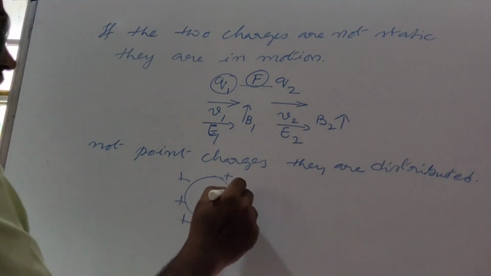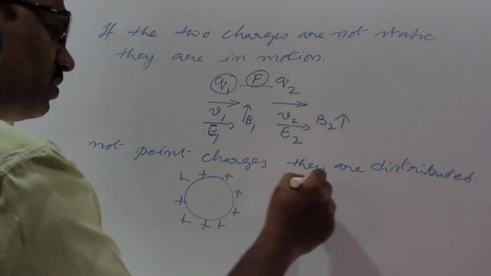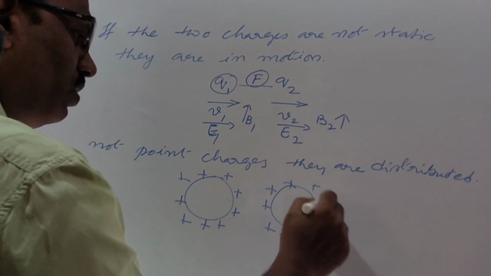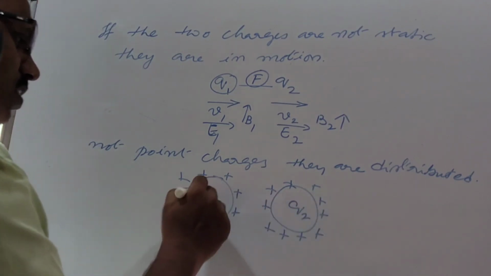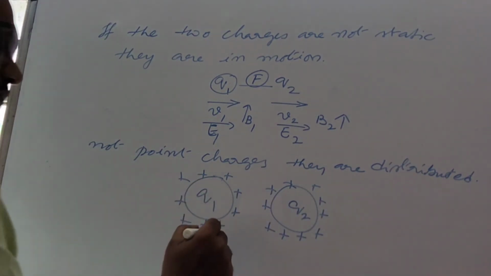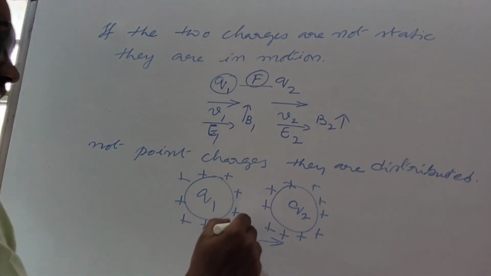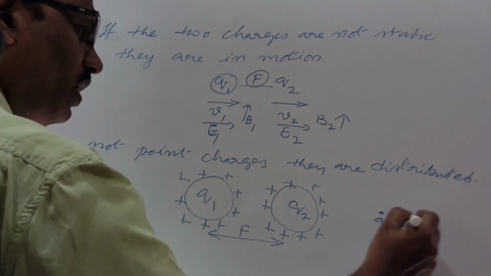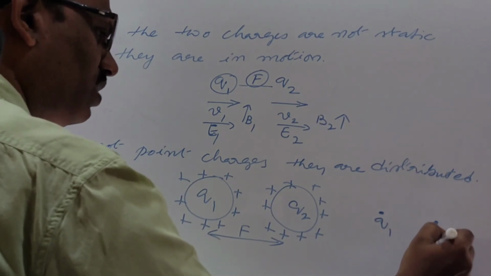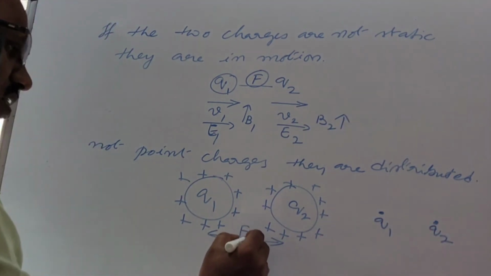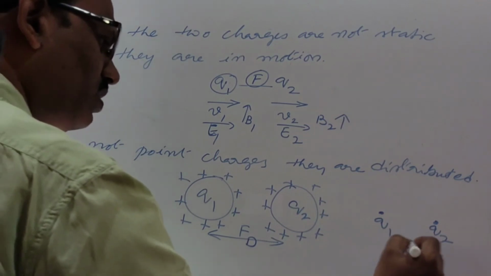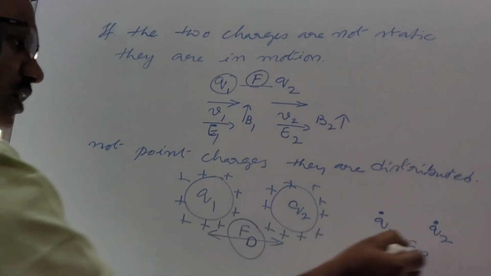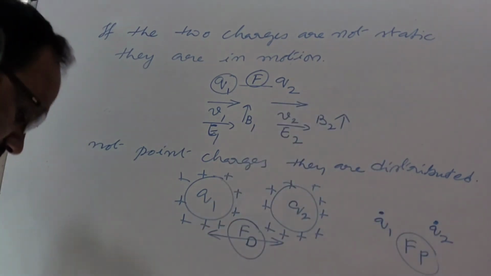Then if we find the force between these two charged bodies, this is the point charge Q1 and this is point charge Q2, and this is the distributed case, and this force is different from this force.